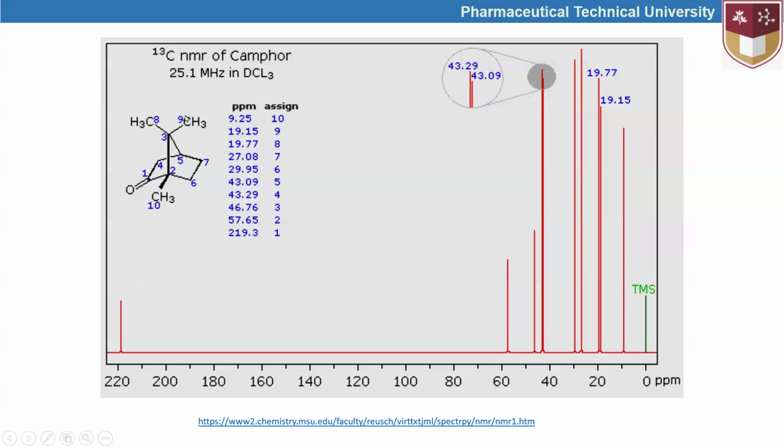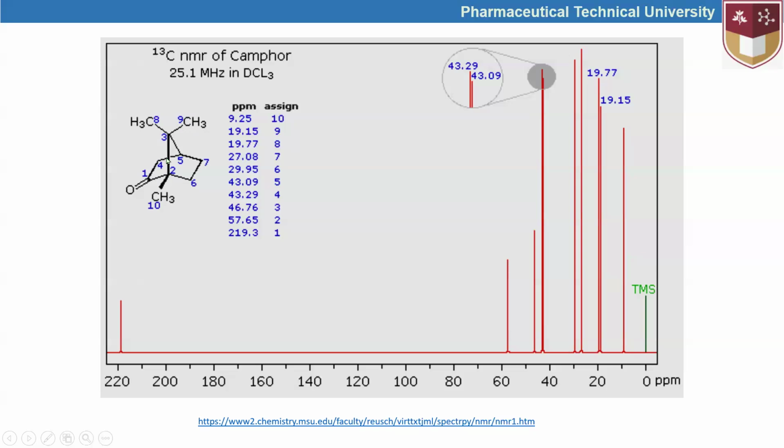Because here we can see in the third position, this carbon has a covalent bond with this carbon, with this carbon, with this carbon, and with this carbon, and it has no hydrogen.